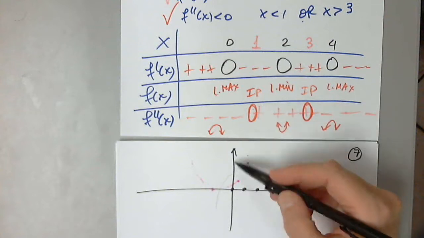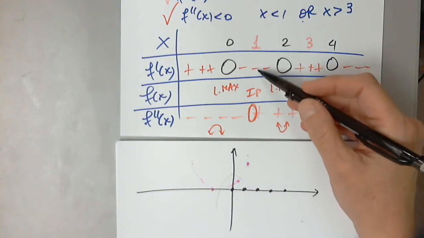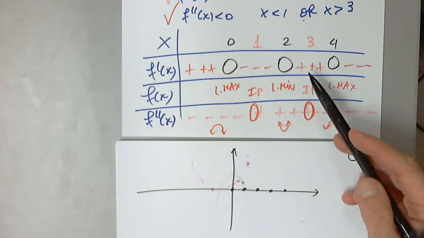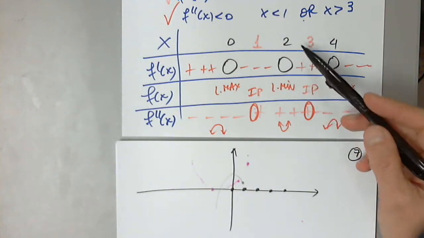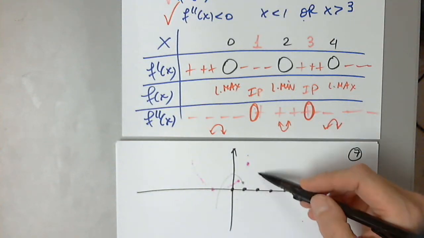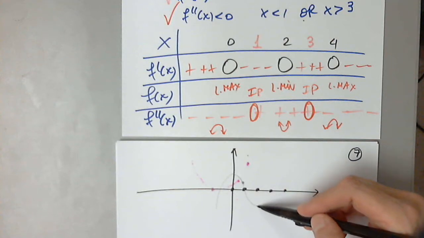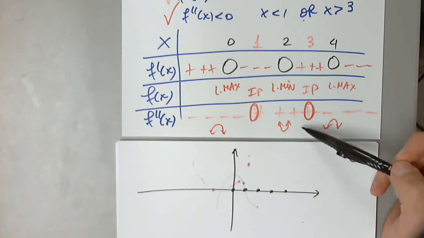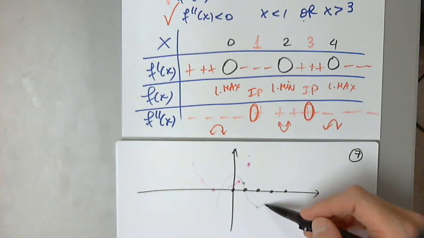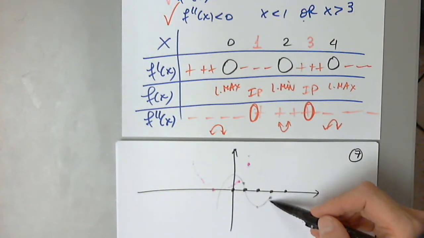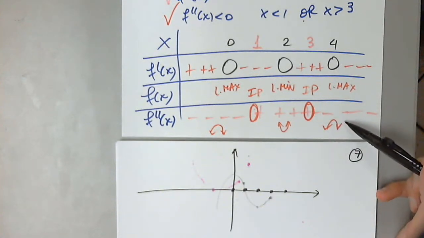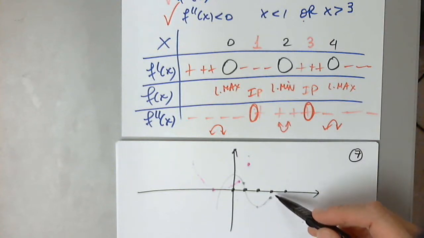Then at 1, it changes concavity, so it continues to decrease, changing concavity at this point. And at 2, it has a local min. So 1, 2, somewhere here, a local min. And then opening upward, it's going to 3, comma here. At 3, comma whatever, it has an inflection point. It changes concavity, opening downward and decreasing.